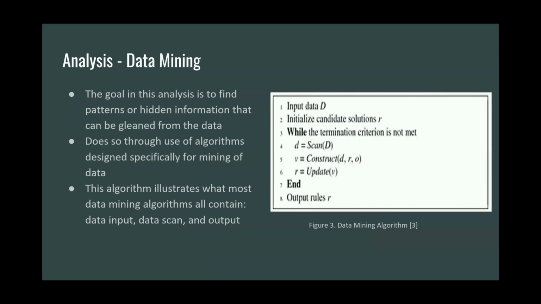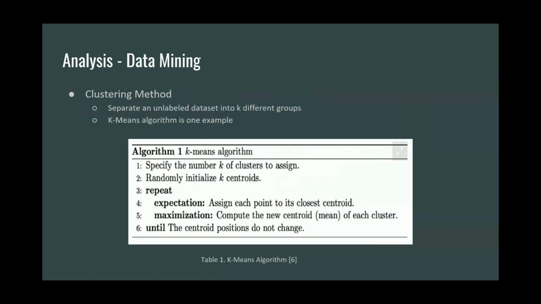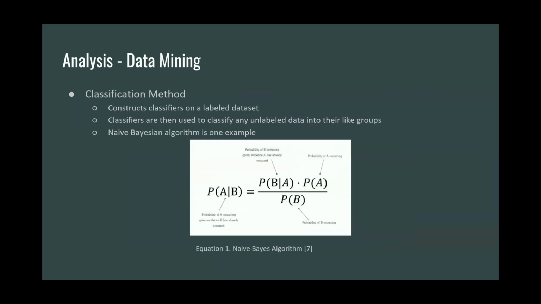The things that we focused on are simple algorithms like k-means for clustering. You might be familiar with the algorithm; this is just pseudocode. And then naive Bayes prediction. This is part of prediction analysis where we try to predict the probability of something being a certain class label.